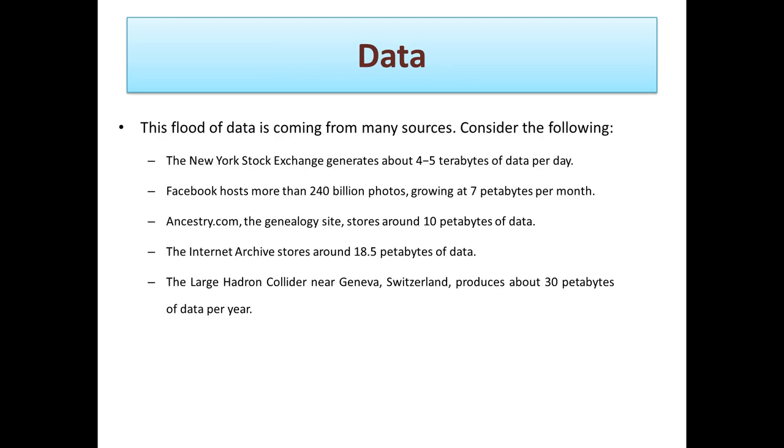The New York Stock Exchange generates 5 TBs in a day, right? Facebook has 214 billion photos, which increase by around 7 PB per month. See, this is the uncertainty. It's not fixed at only 7 PB. It might be 8 PB, 10 PB, 15 also. So this is the big problem with the data.